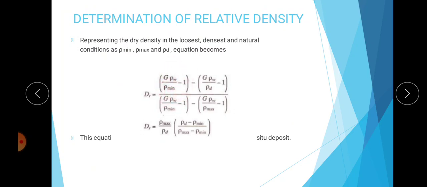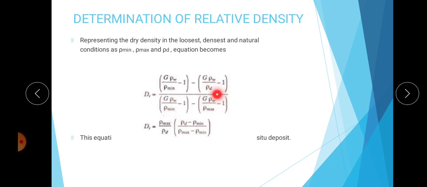This is E max. In that case rho will be minimum, since E max means void ratio in the loosest state, and in the loosest state density will be minimum. So here it is rho minimum, minus G rho W by rho D. This is the natural condition, so this is dry density, minus 1, divided by G rho W by rho minimum. This is E max and this is E minimum.